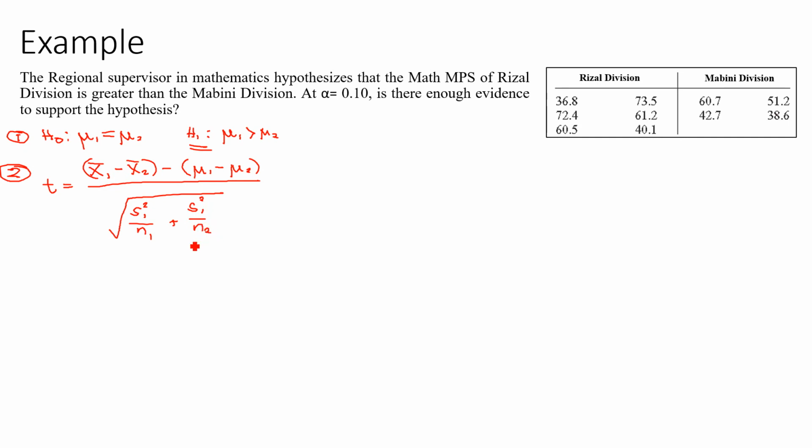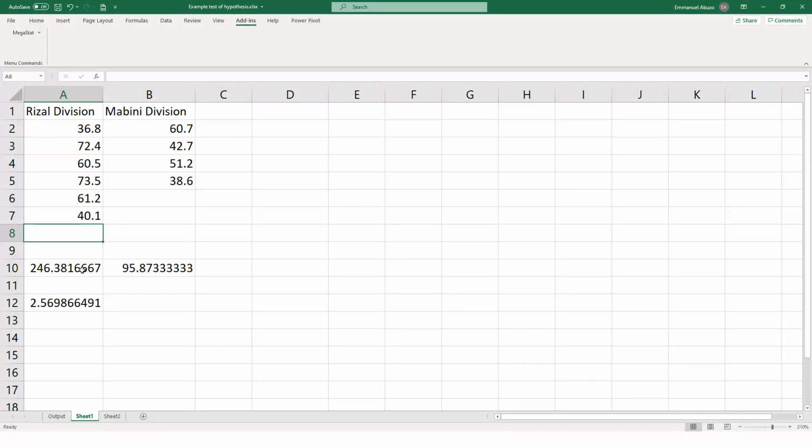Okay, let's go to our Excel. Take note from our discussion previously, this is the sample variance of the Rizal division, and this is the sample variance of the Mabini division. What we are missing here is the sample mean.